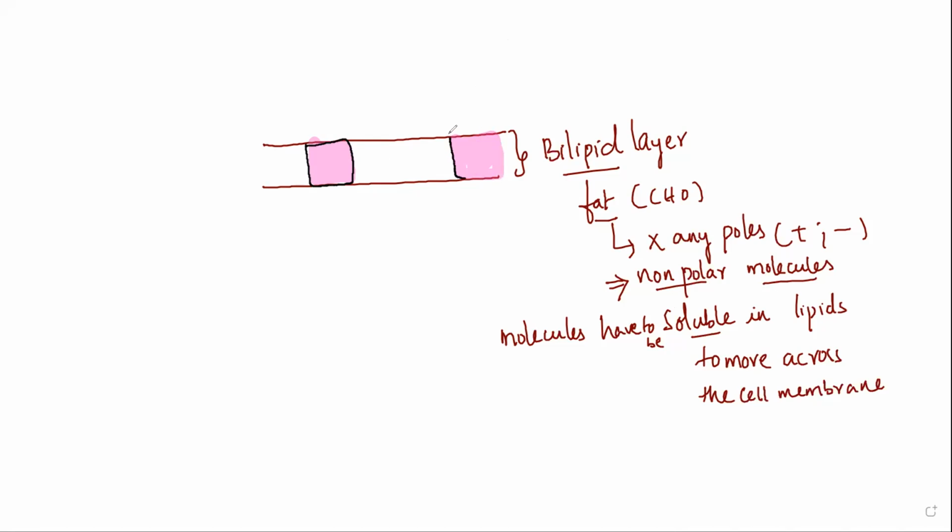I'm telling you that the plasma membrane is a bilipid layer, but interrupted with some membrane proteins. And these membrane proteins, children, are going to have a channel in between, which is going to be filled up with water. So this is the one.